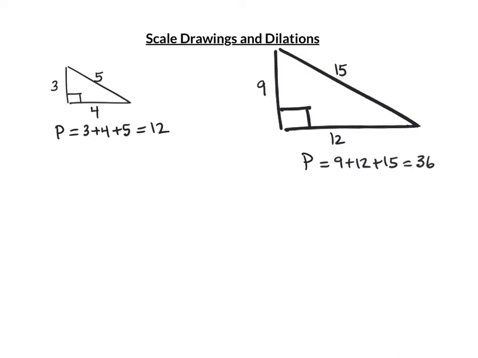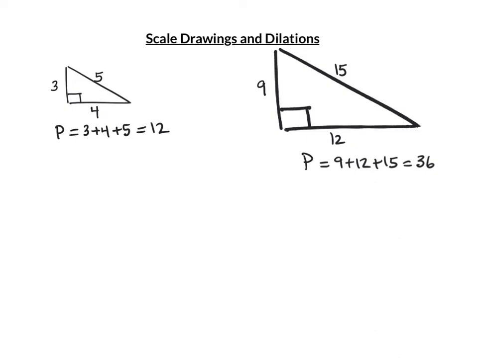Now, it turns out if I have two similar figures and I make a scale factor, the ratio of the areas is the scale factor squared. Show you what I mean. Take a look at these two similar triangles. I've got a 3, 4, 5 and a 9, 12, 15.